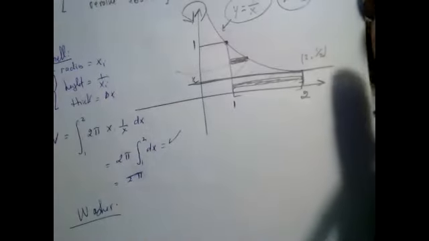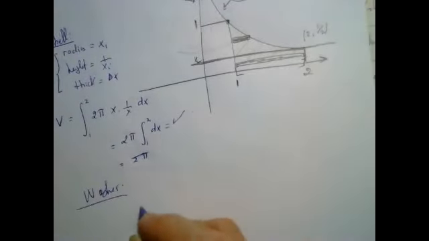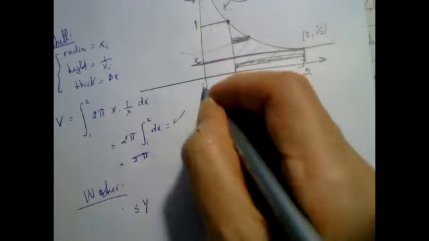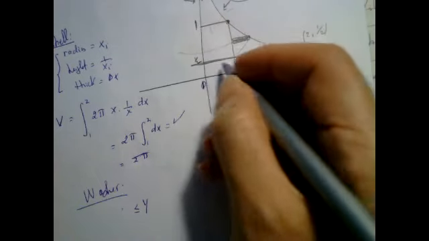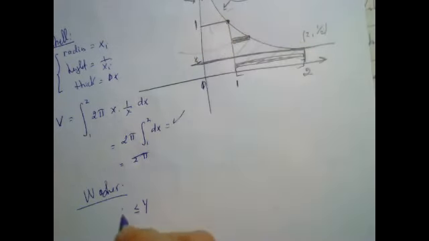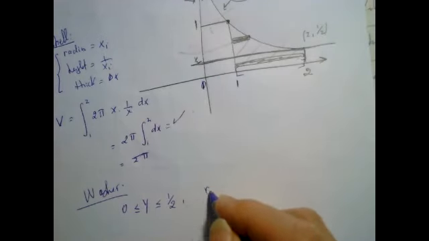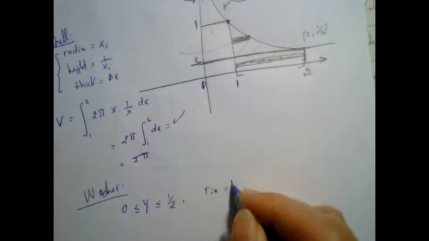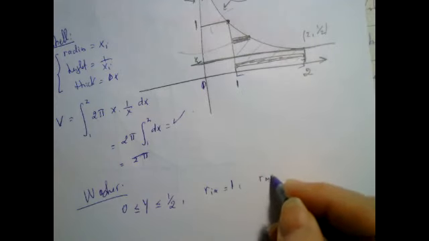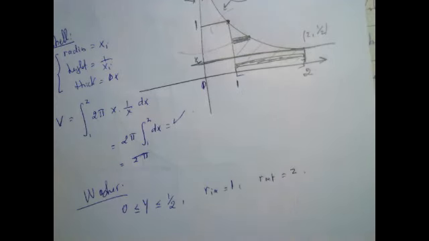This is my 1, so this is 0, and if y is between 0 and a half, the inner radius is 1, the outer radius is 2.